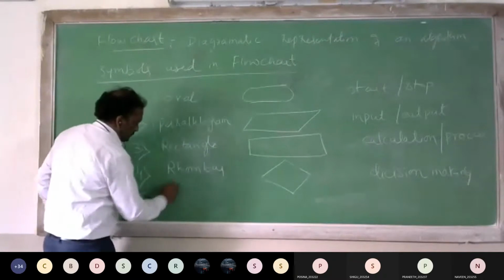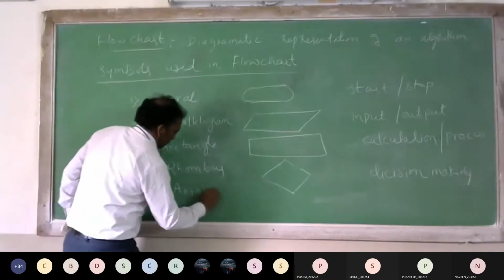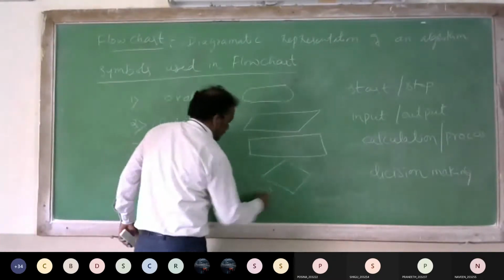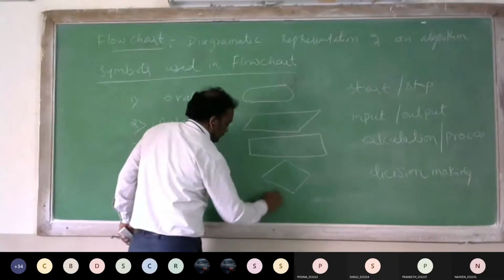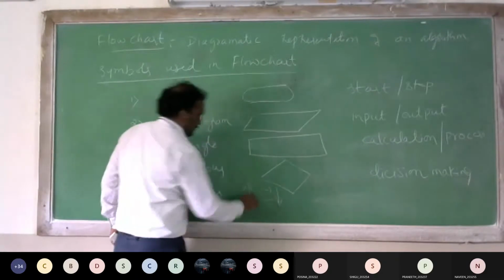These are the arrows. Either they can be horizontal or vertical.